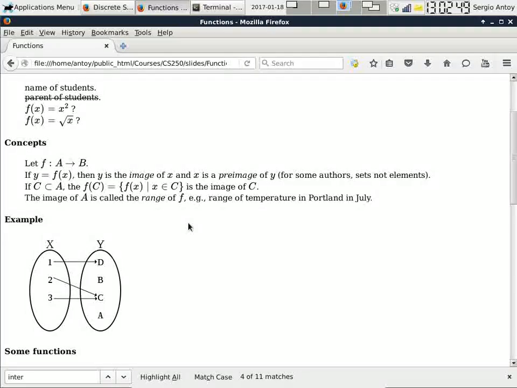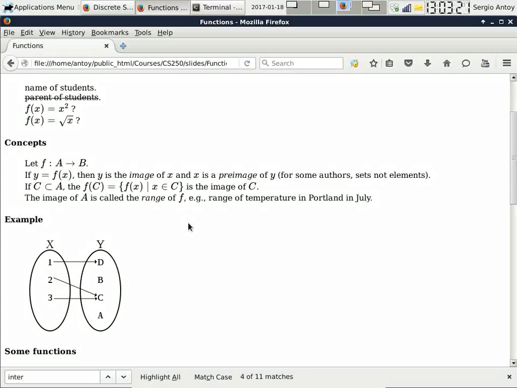Right? So if you take a set in X here, the image of the whole set is called the range of that set. So the image of all X is called the range of the function. Range, you also use it in the normal English sense.